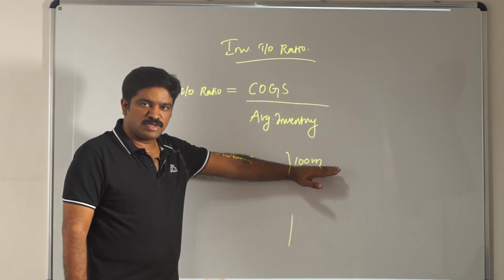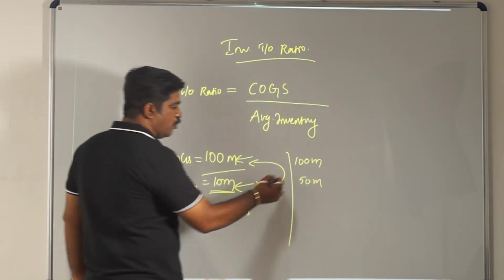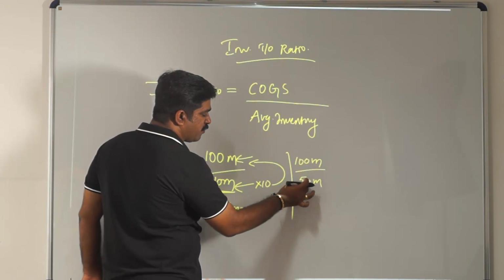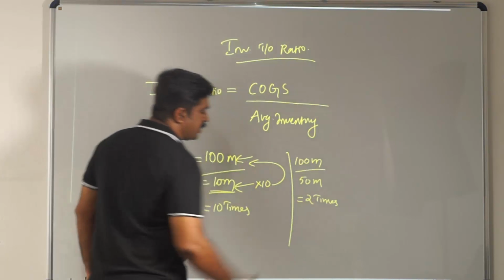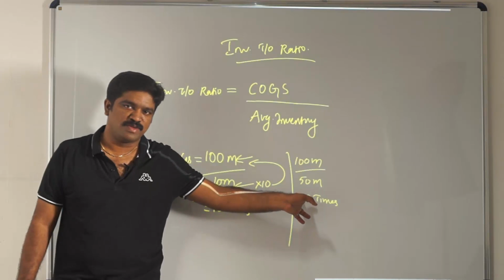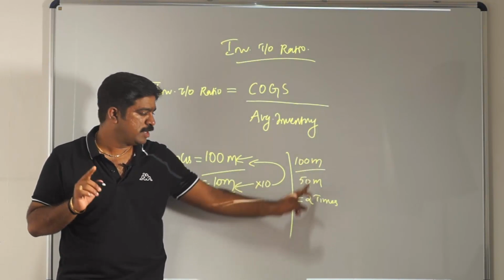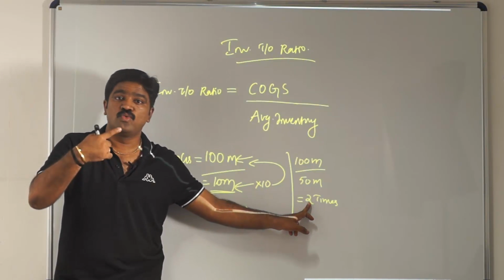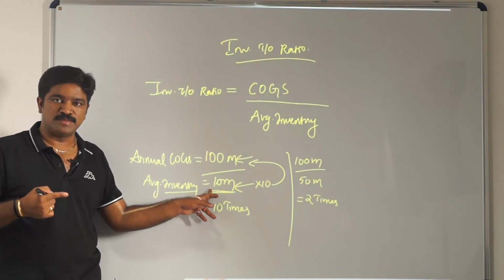Now if I create a relationship between these two by dividing 100 million by 50 million, I get 2 times. Now look here. On average, they are maintaining inventory of 50 million, and in one full year, their total cost of goods sold is 100 million. It means they were able to rotate the inventory only 2 times in a year. Here they were able to rotate inventory 10 times in a year.